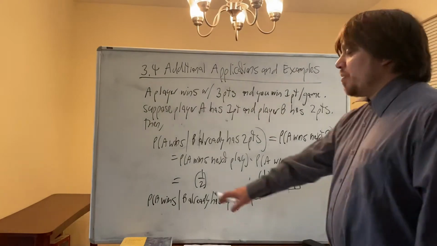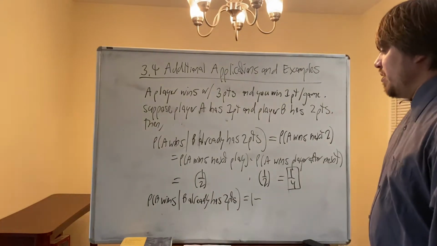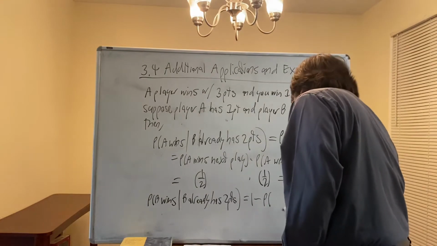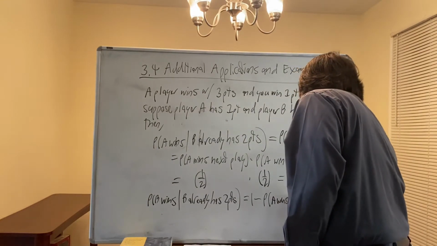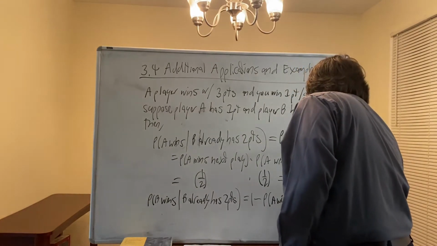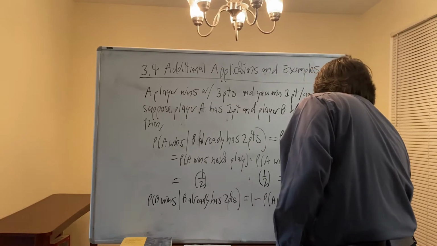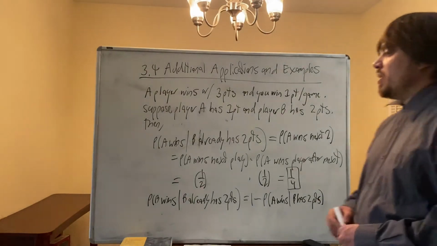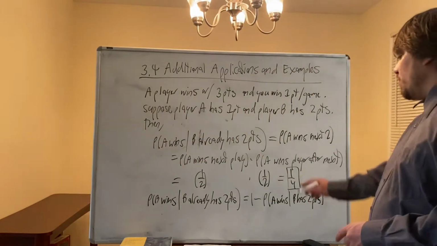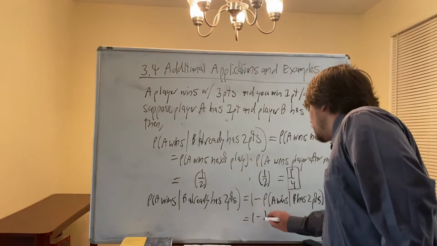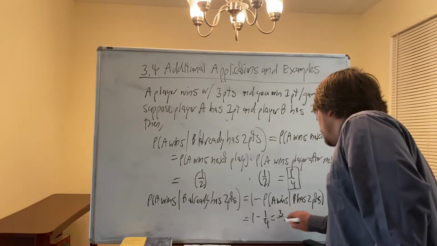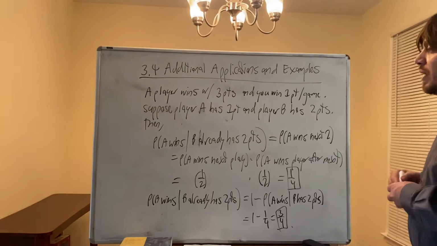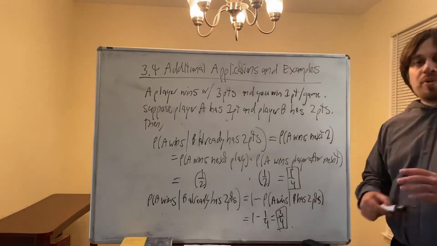The complement of B winning is the probability that A wins, given B already has 2 points, and we already found that probability to be 1/4. So this is 1 minus 1/4, which is equal to 3/4.